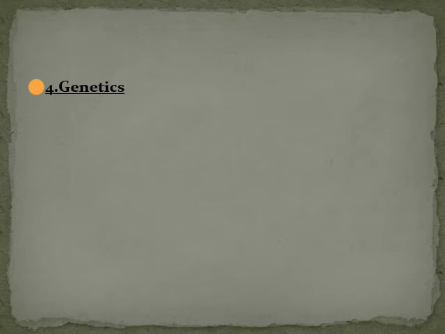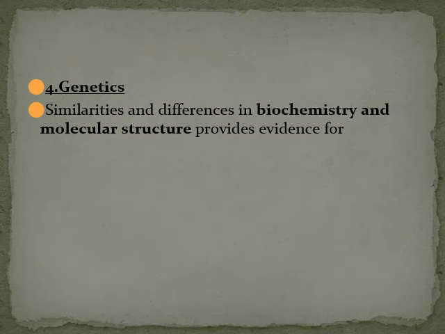So the next piece of evidence for evolution is genetics. Genetics is a beautiful example of how science has very simply explained how we know for a fact that all organisms originated from one particular ancestral organism, and that's because genetics is shared amongst all living organisms.